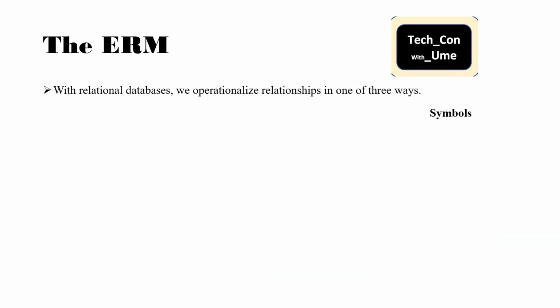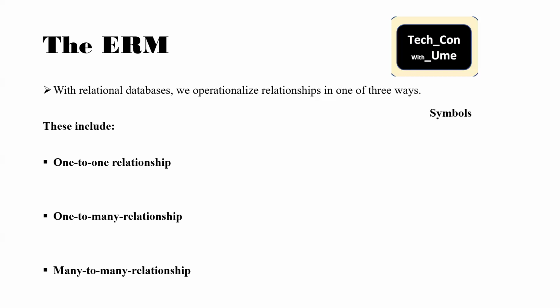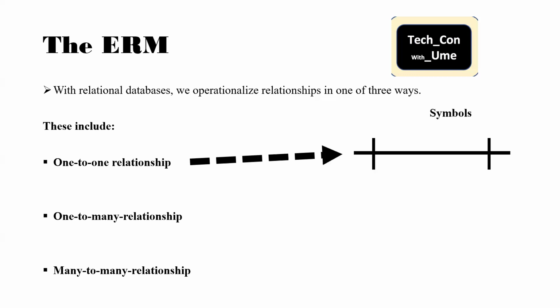Also very important to note is the fact that with relational databases, we operationalize relationships in one of three ways. These include a one-to-one relationship, a one-to-many relationship, and a many-to-many relationship. Our one-to-one relationship is symbolized as follows.